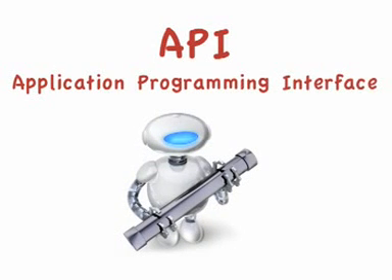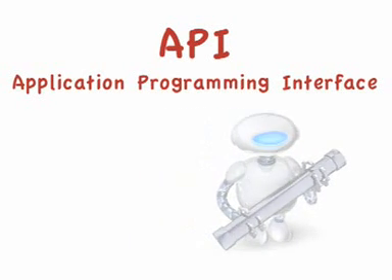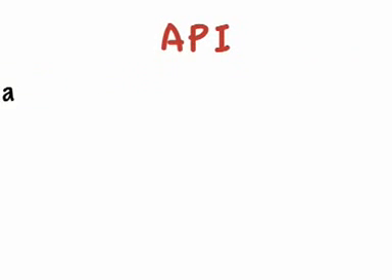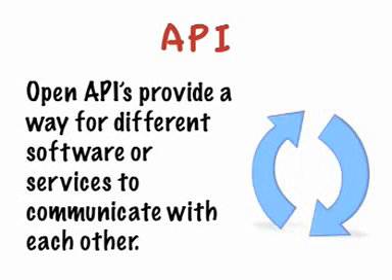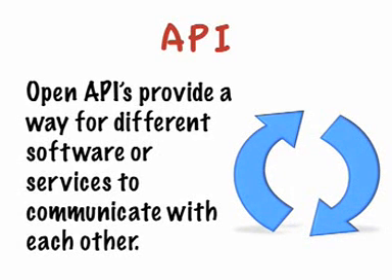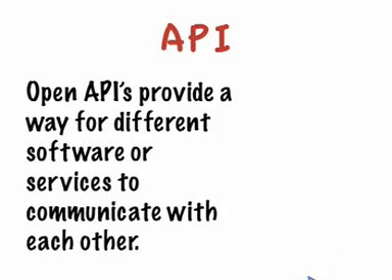API, Application Programming Interface. Open APIs, or Application Programming Interfaces, provide a way for different software or services to communicate with each other.